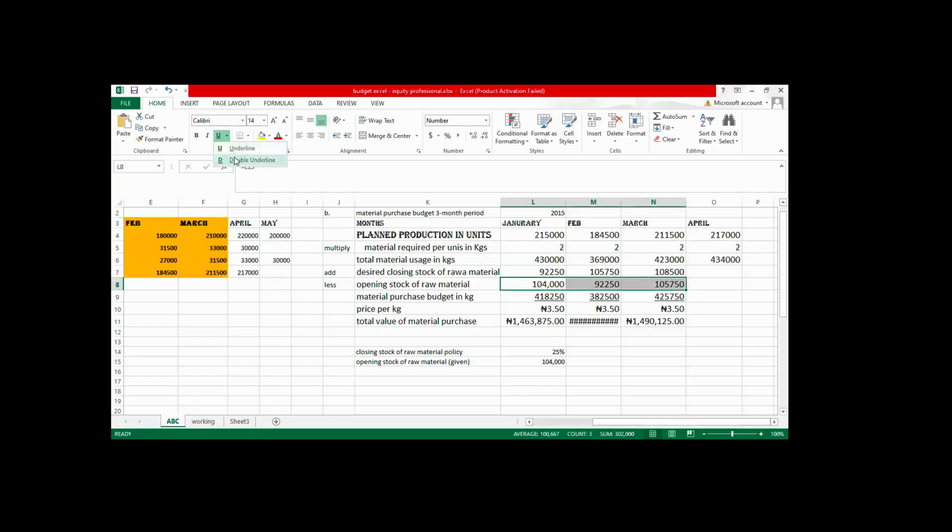To do that, you are going to start from material usage, total material required, plus closing stock of raw material, minus opening stock of raw material.